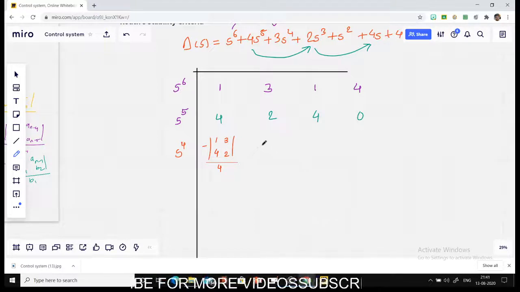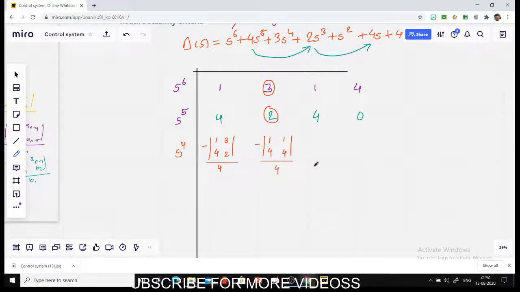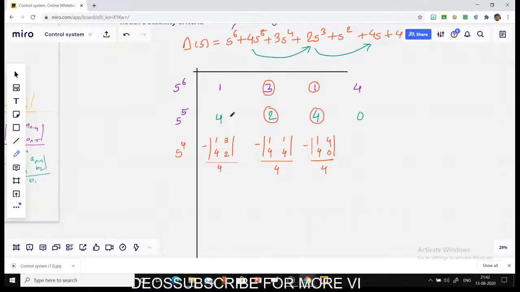What about the second one? It will again be minus; this you have to skip. So 1, 4 and 1, 4 upon 4. What about the third one? You have to skip this and also this. The first column is always the same. So 1, 4, 4, 0 upon 4.